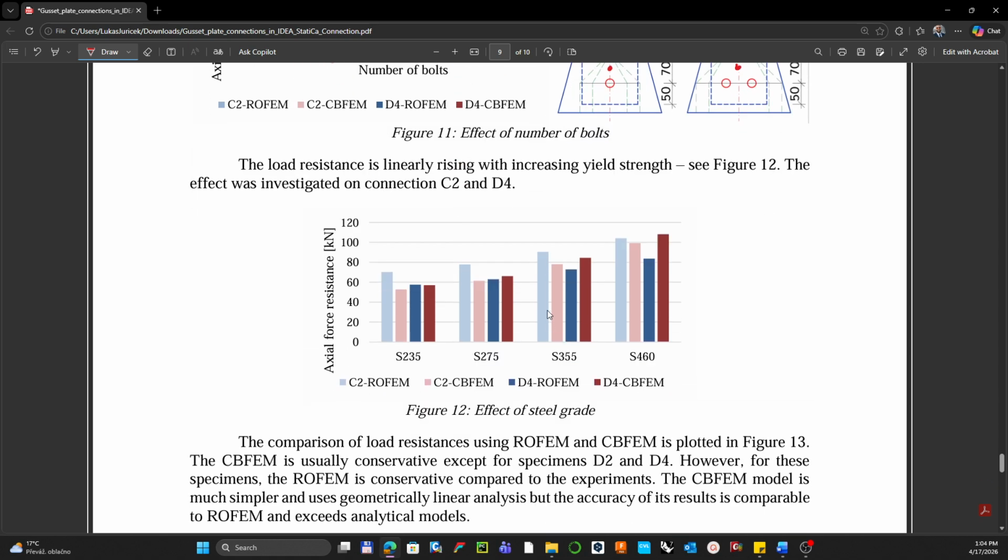Once I approach the yield strength as another parameter, we can observe, based on the CBFEM, that the trend is linear once you are increasing the yield strength of the material.